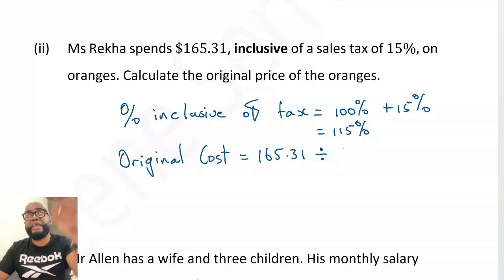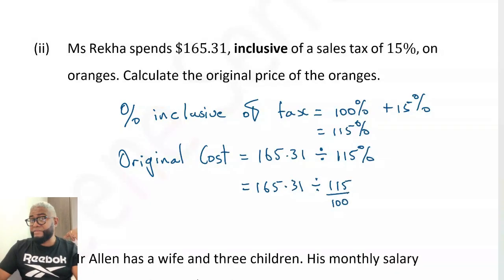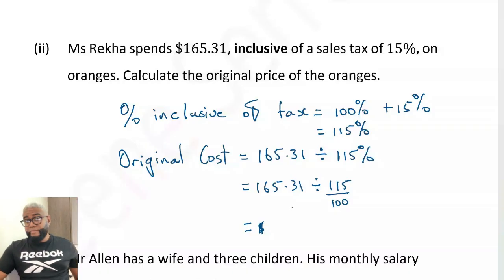All you have to do to get back the original cost is just divide by this 115%. Somebody punch in on the calculator for me, 165.31 divided by 115 over 100. That's 115%. So give me the cost before tax. It's supposed to be less than the 165.31. So I get 143.75.